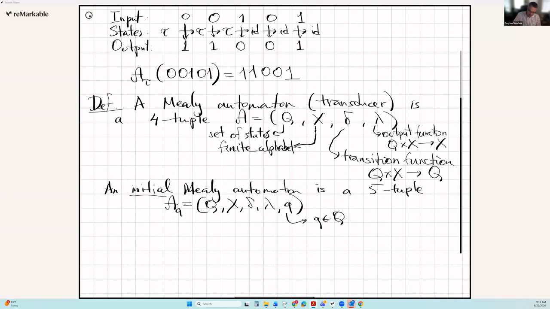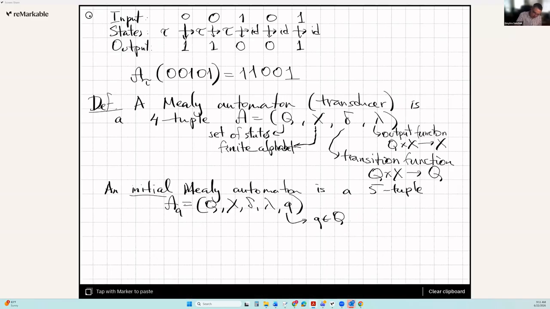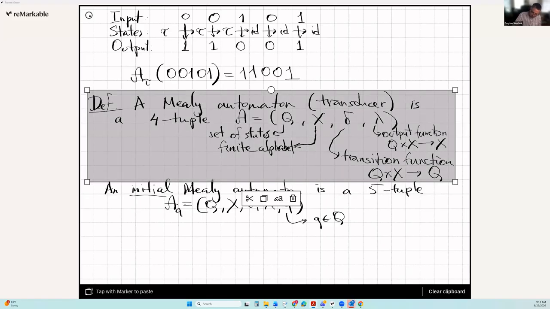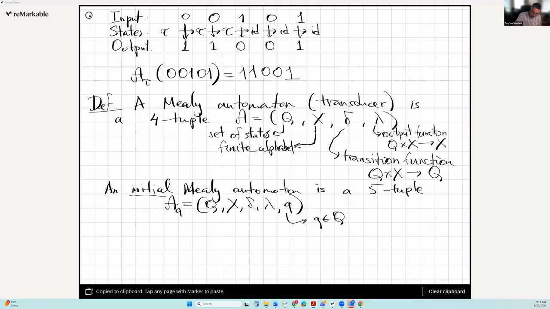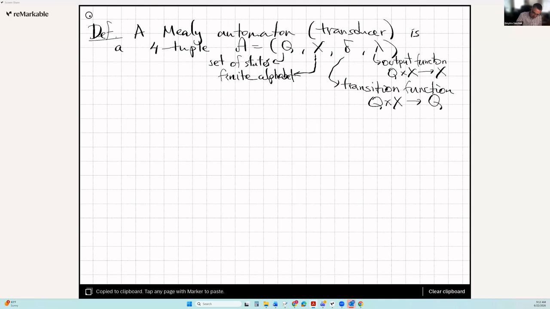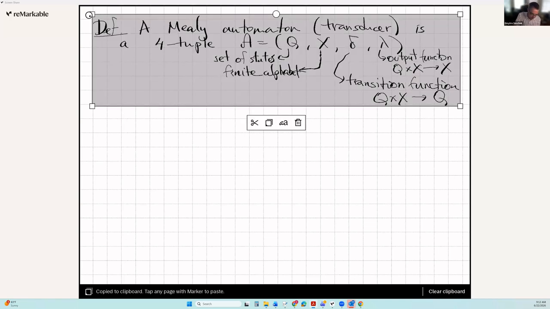Let me copy this definition so that we can look at it on the next page as well. So that's our definition.